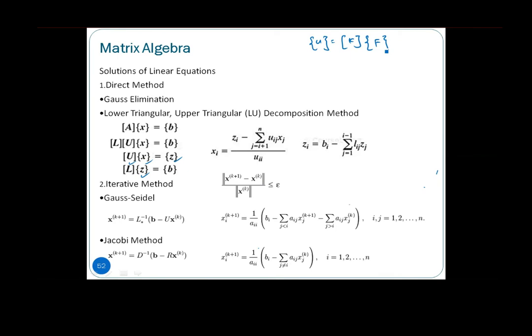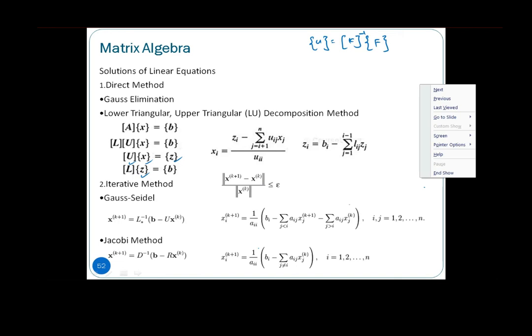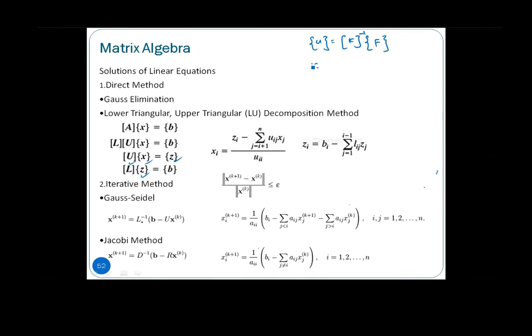To find our U, to solve this, sorry, K inverse. So to solve this, we have K U equals F, right?